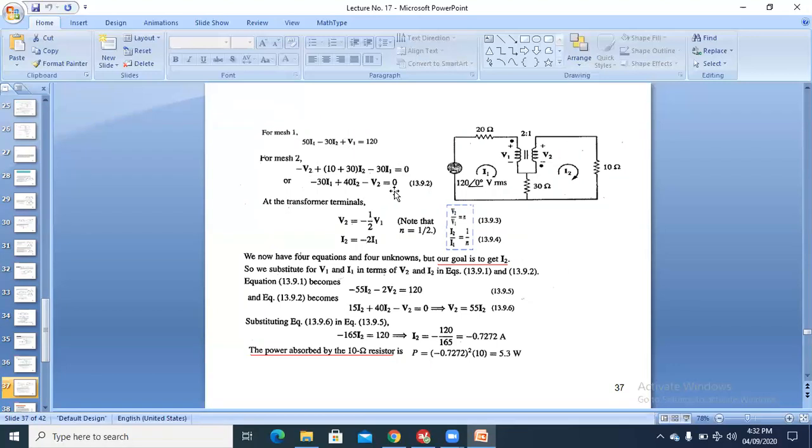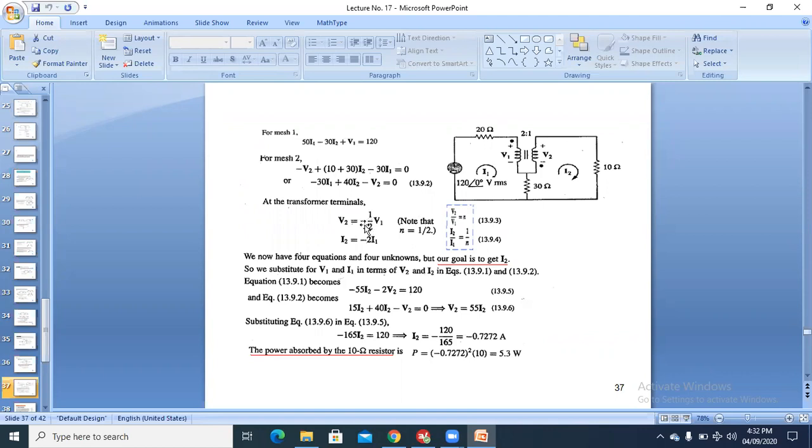So now we can see the dot rule. The current is entering the dot at both sides. So we have the negative turn ratio. Also, the polarities of V1 and V2 are opposite, positive and negative at the dot.